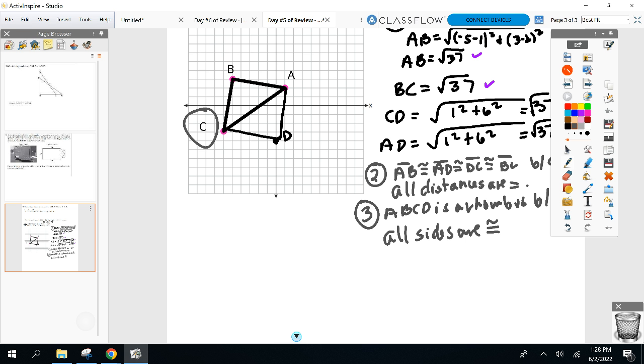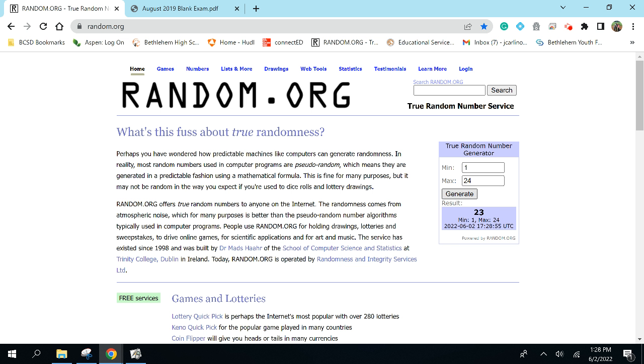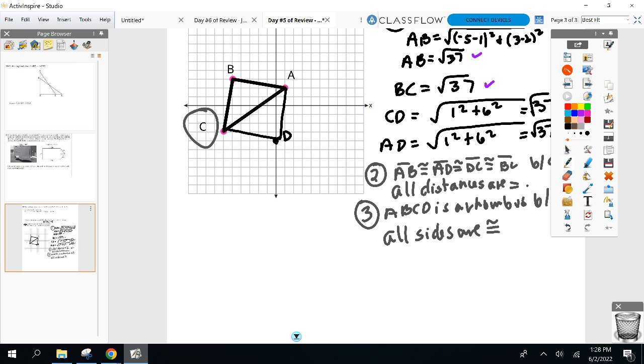What formula am I going to need to show there's a right angle there? Slopes. Yes, I need slopes. So everyone right now is going to help me find the slope of BC and the slope of CD, the one right next to it. Two ways you could do it: slope formula or rise over run.